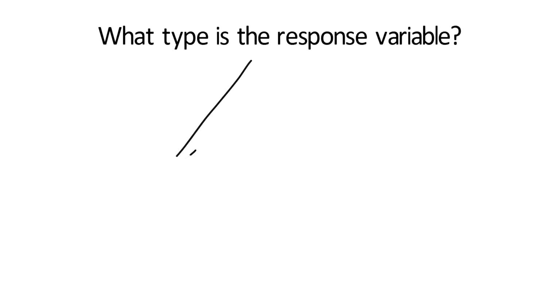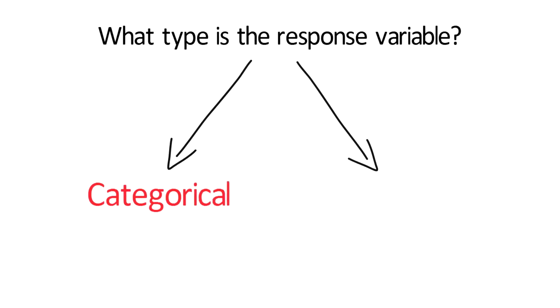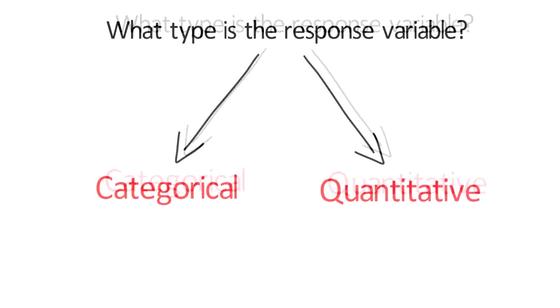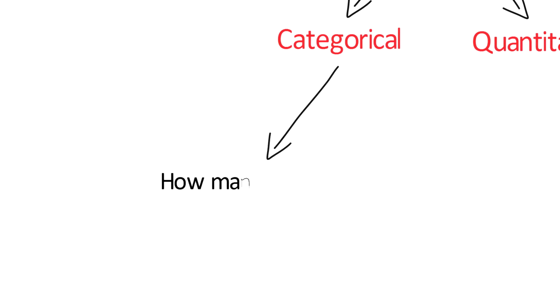The first question is, what type is the response variable? Is it categorical or quantitative? For our sample research question, the response or dependent variable is nicotine dependence, which is categorical. Next, we need to determine how many categories are in this response variable.